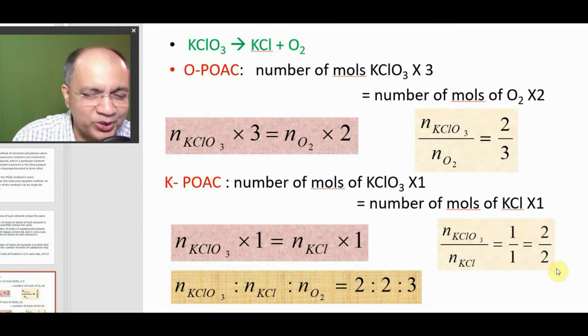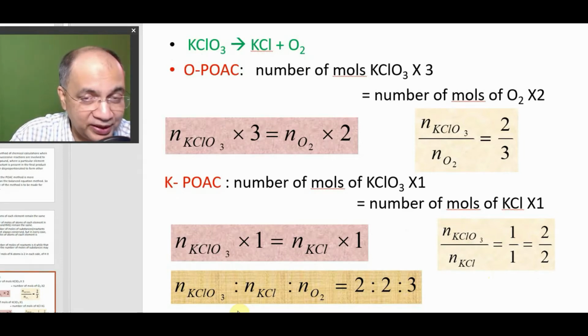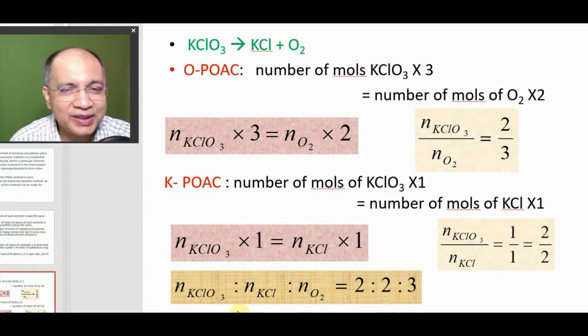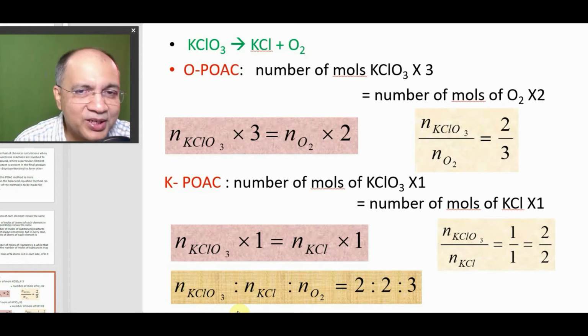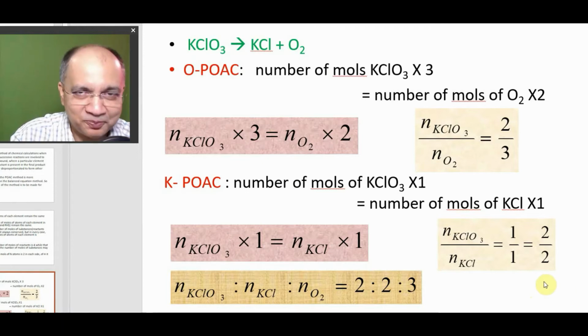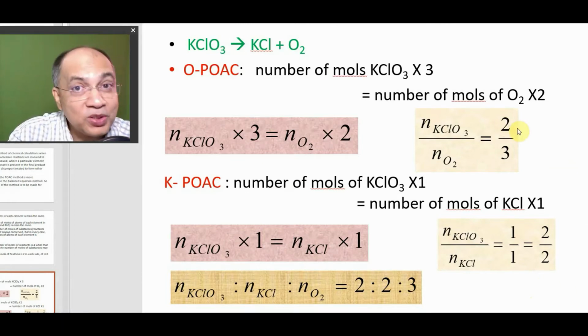So let us make it 2 is to 2, because we have to correlate between the reactant and both the products. And just to know, this is another method to balance, to know their stoichiometric coefficients, we can also use this method. But we never use this method, only to solve problems, yes.